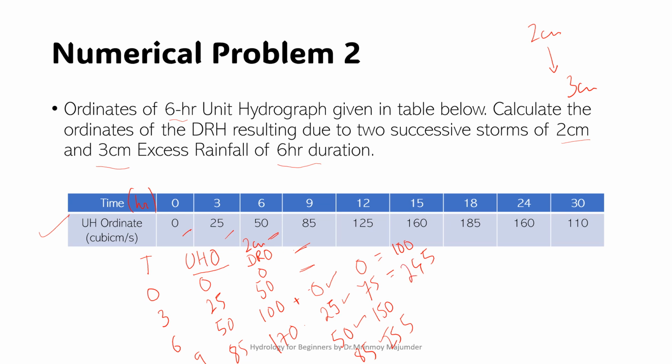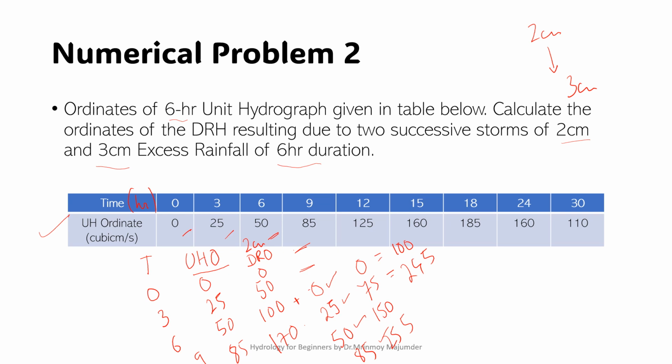Right? So you can understand 2 into 85 is 170 and 3 into 25 is 75, and I am adding both of these, so it comes to 245. Now if I consider this part also, the ordinate of the 12th hour, then I can add 150 with that and so on.